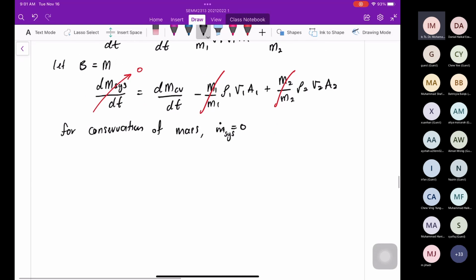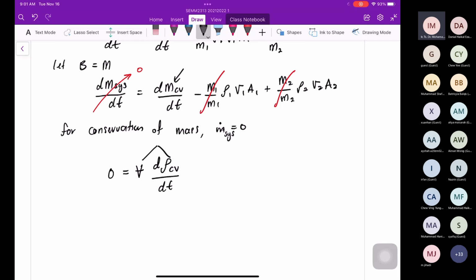So now it becomes 0 equals, okay, the volume times the differentiation of rho CV over dt. This is the same. Volume multiplied by density is equal to mass. But the difference now is that the change is in the density. Why the change in density, with the volume fixed?